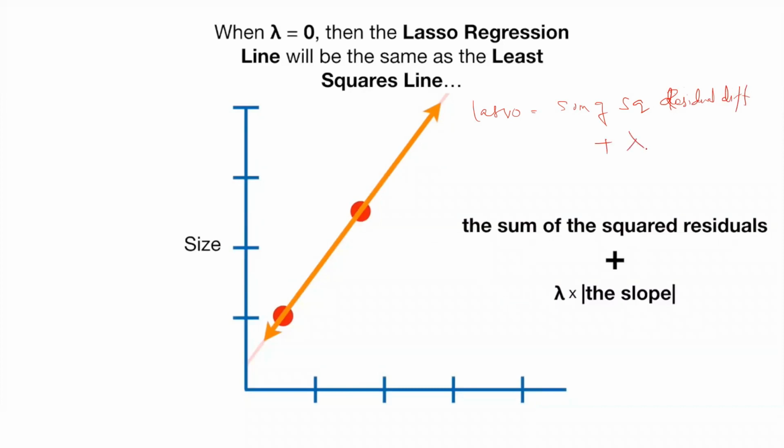The penalty is lambda into absolute of m. Now, if I have lambda equals to 0, obviously this is going to be just the sum of squares, and in that scenario, this line, the red one and the orange one, both are the same because there is no difference, right? The least square and the lasso regression both are the same.